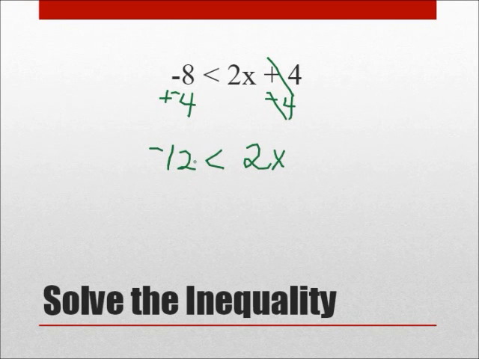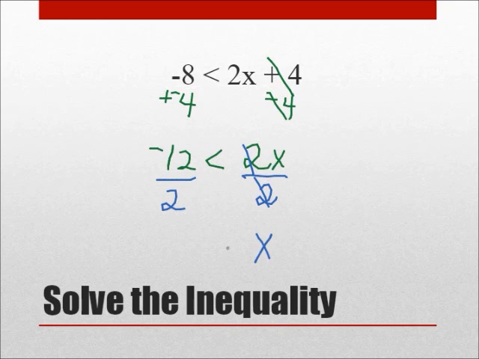Now we have to look at what is our next inverse operation. We have x multiplied by 2, and I hope that you're figuring out that this really is the same exact process as solving equations. X is multiplied by 2. We want to divide both sides by 2. 2 divided by 2 is 1.